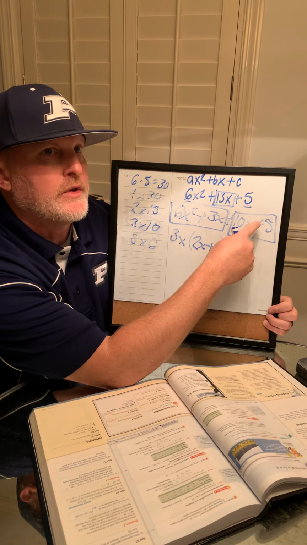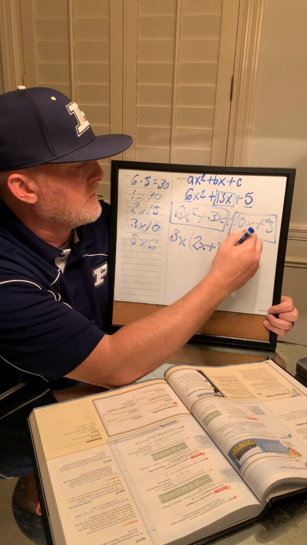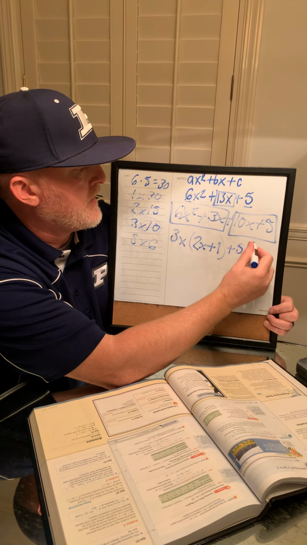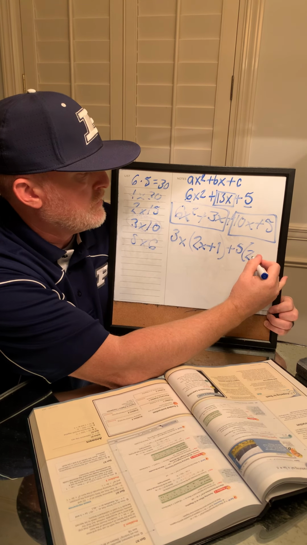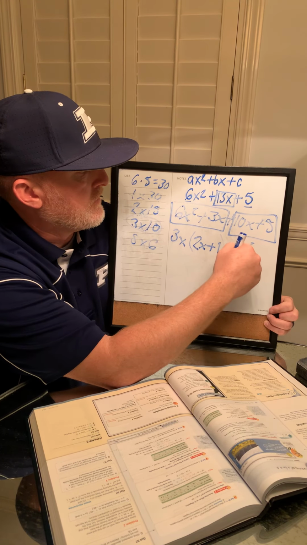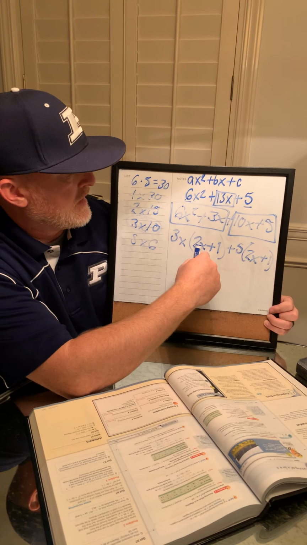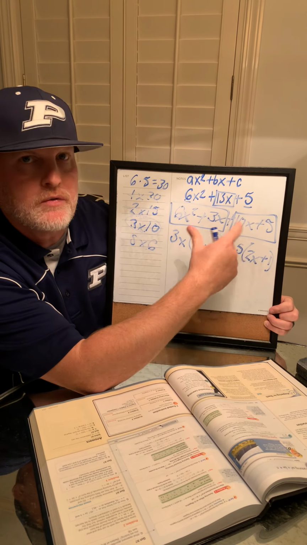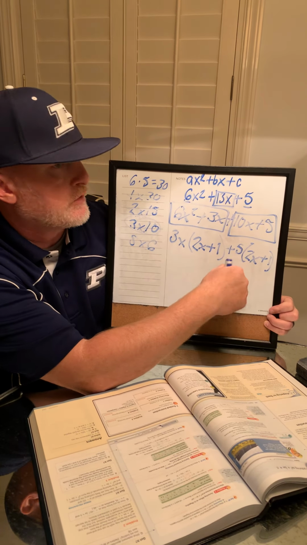Then with the second binomial, we want to take out the common factor. So 10x and 5, the common factor is 5. So 10x divided by 5 is 2x, and 5 divided by 5 is 1. So notice that inside of our parentheses, where we factored out those common factors, we have the same binomial, 2x plus 1.